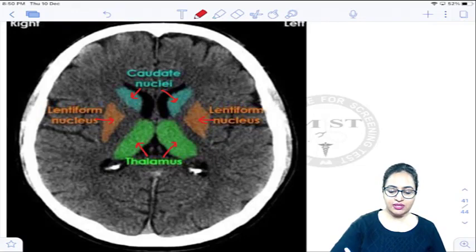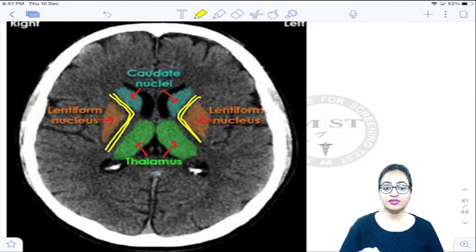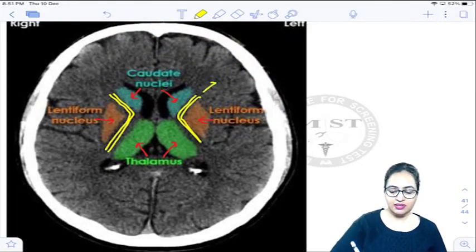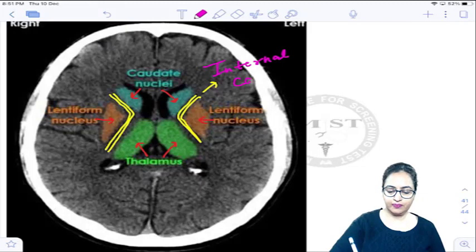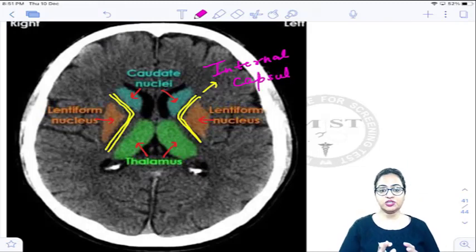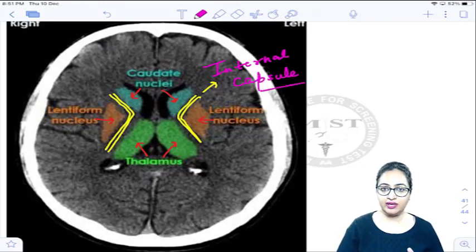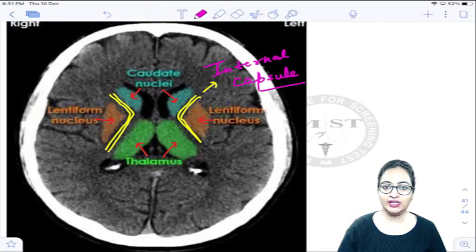In between these, the fibers running in a V-shaped structure between the three nuclei on either side are the internal capsule.